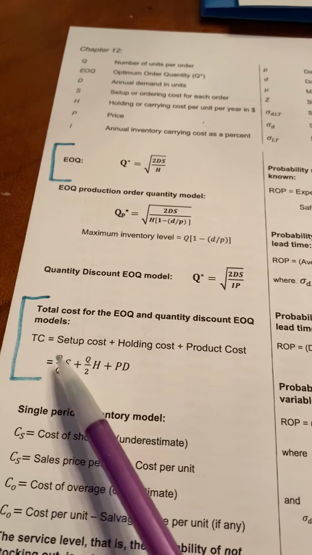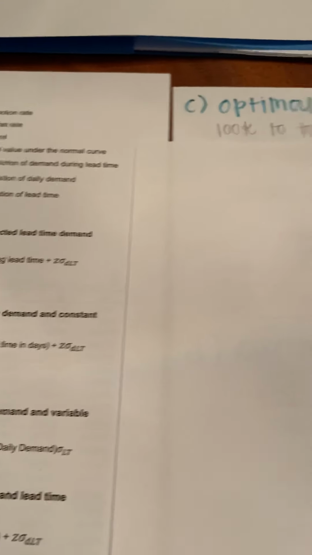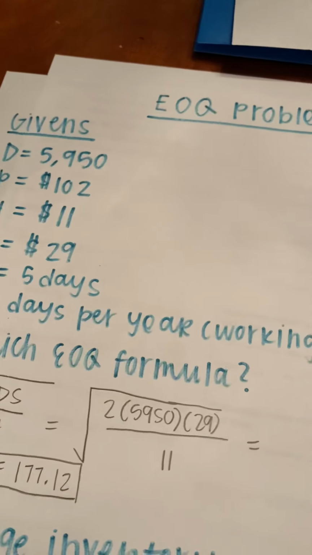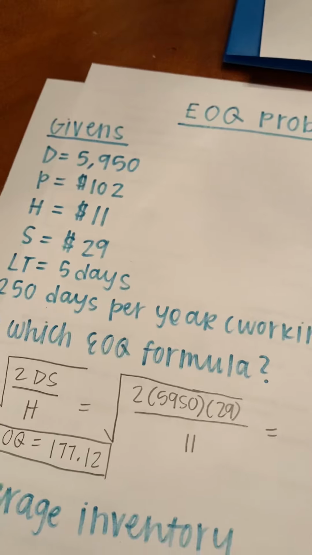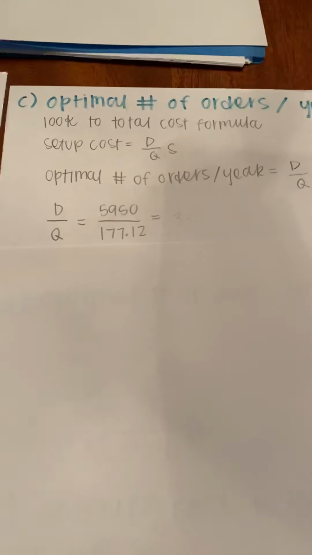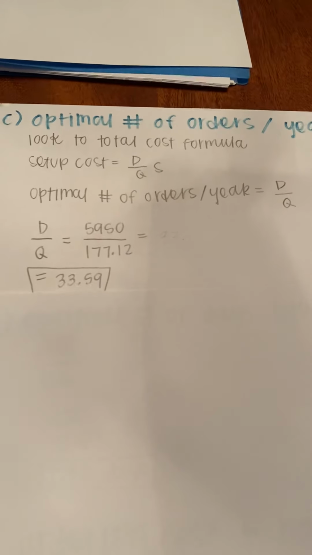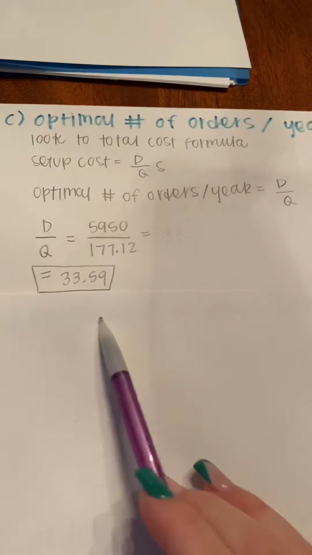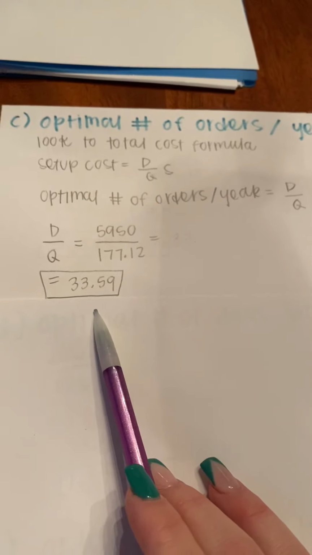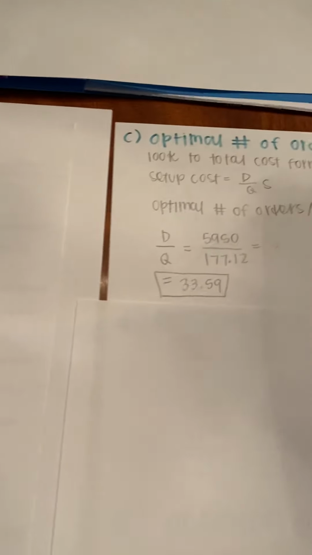So we would take D divided by Q. Once again, we would take our given number, which was 5,950, divided by Q, which we found in A to be 177.12. And once again, we round to 2 decimal places, so it would be 33.59 for C.